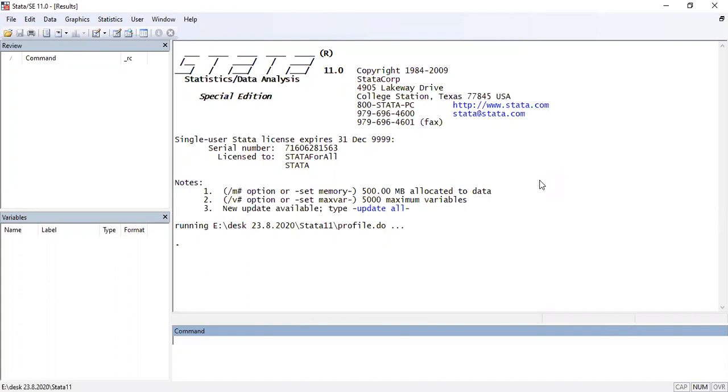Yes. So you click on the executable file, the exe file, and once you look at this icon, you click on that and you end up with this screen. In the menu bar, this is like any other Microsoft based software: file, edit, but there are some new features here: data, graphics, statistics.